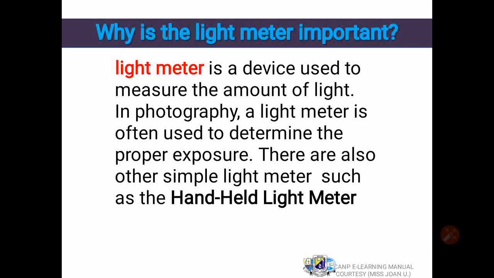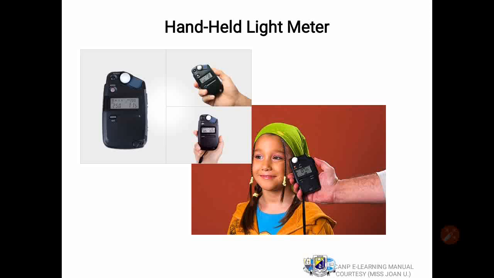There are other simple light meters such as the handheld light meter. Besides the light meter in the camera device, we have a simple light meter that is not in the camera device. We use it as a device to measure light intensity. Look at what this man is doing here. He's trying to measure the light that is entering the child's eye.